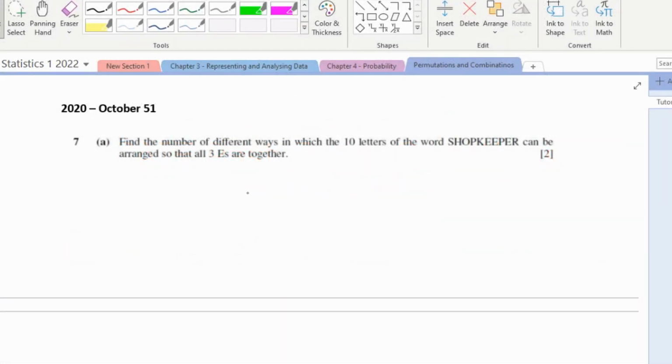Okay, right. Another letter one. Shopkeeper. We're keeping all of the E's together. So if we keep all of the E's together, treat them as one. So it should be, how many factorial do you think, Pakawa?